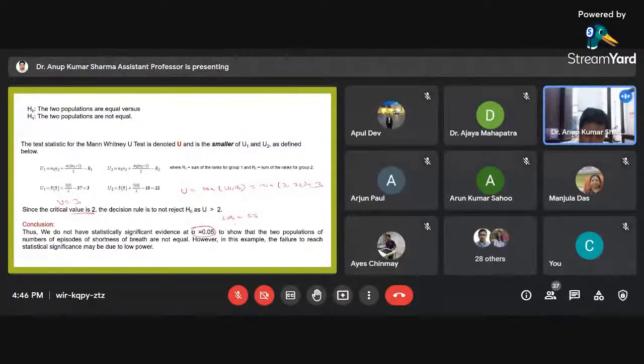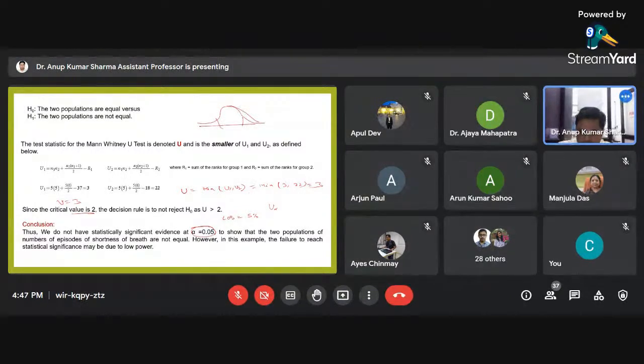So on that basis, like the Z test and T test, we calculate here the U alpha value. In this case, there is a two-sided rejection area, just like in the Z test, two-sided.